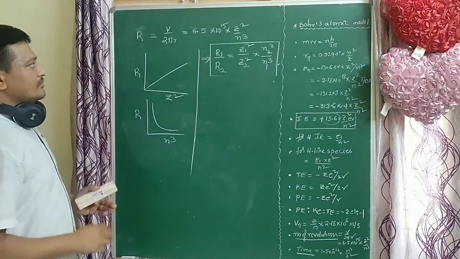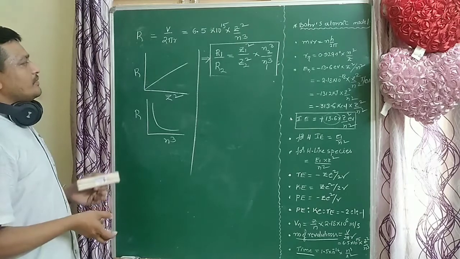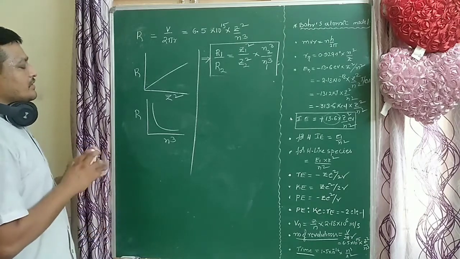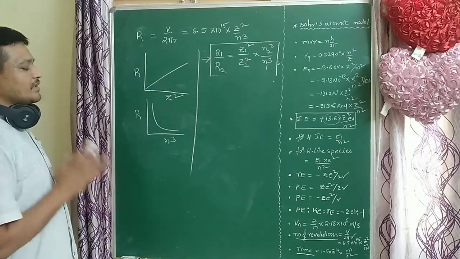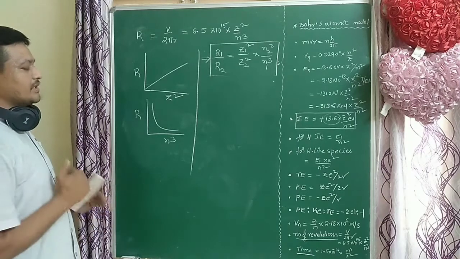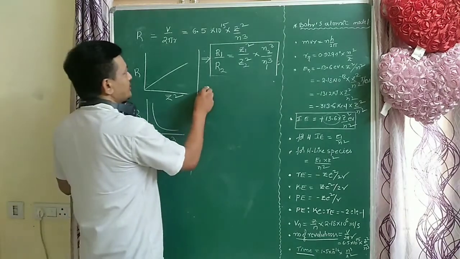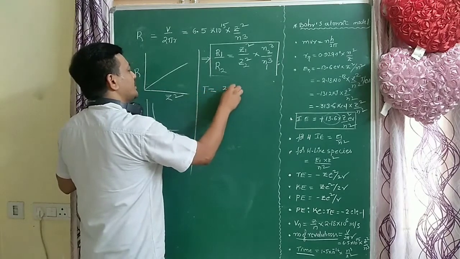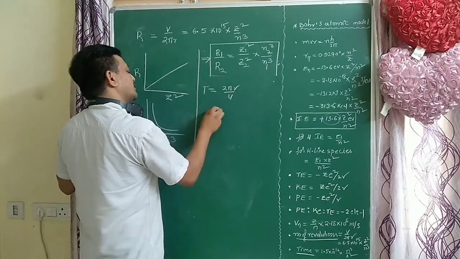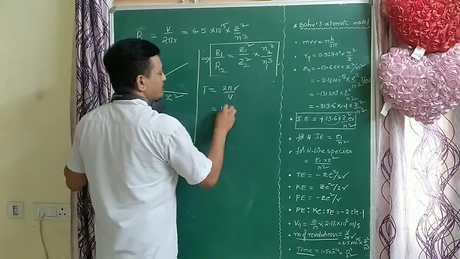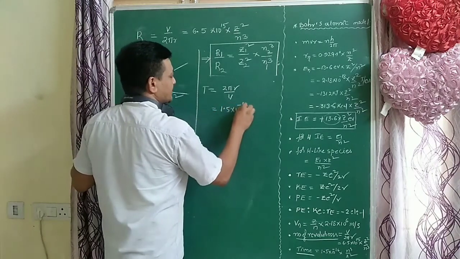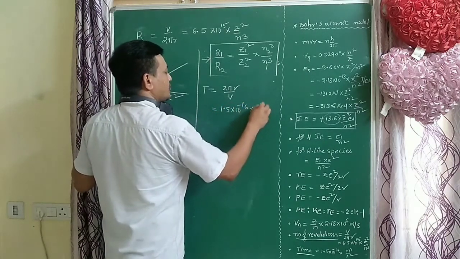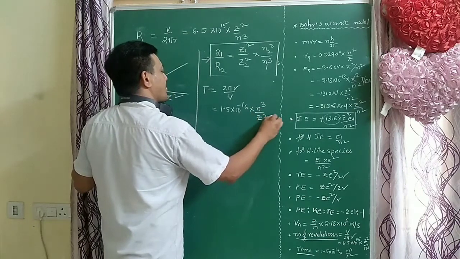Next, time. Time is the reciprocal of frequency of revolution. Revolution is nothing but frequency. Time equals 2 pi r by velocity, that equals 1.5 into 10 power minus 16 into n cube by z square.